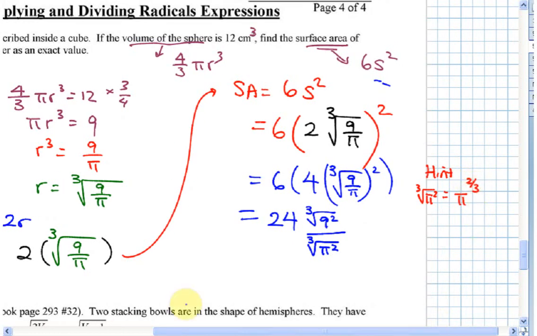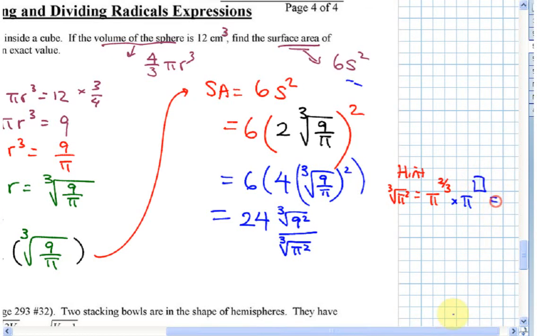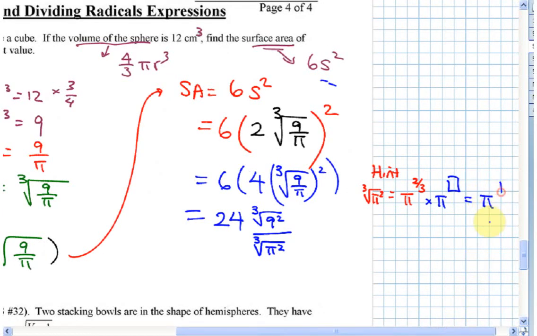So think to yourself, I should multiply this by what to give me pi to the power of 1? I heard it. It's the fraction 1/3, which becomes, not the square root, but the cube root of pi. So to rationalize this, I would suggest you multiply by the cube root of pi. You knew that. I know. Okay, so this is the rationalizing part.